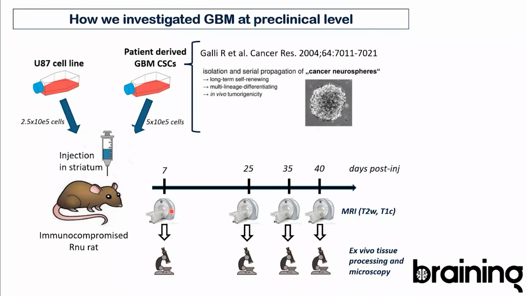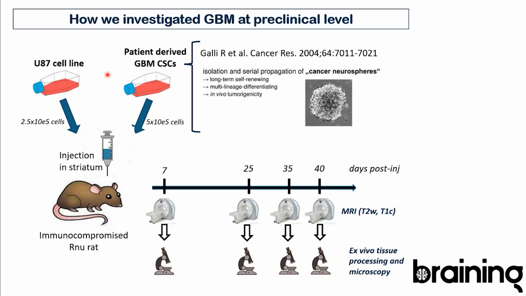So the model was a standard model, which you might be aware of. So you have an immunocompromised animal. In this case, it was a nude rat. We injected into the striatum different cells which were retrieved from patients. This is a commercial cell line, which is very rapidly growing, whereas this is basically a cancer stem cell line derived from patients, which recapitulates a little bit better actually the features of the tumor that you find in the patient.